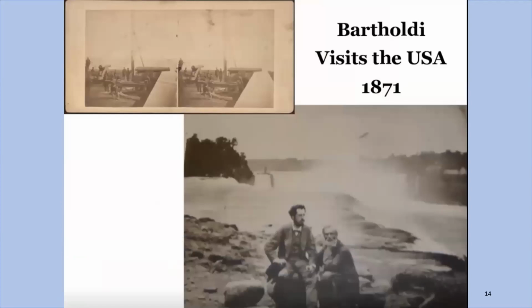Well, in 1871, Bartholdi came over to the United States to pay a visit. And he did this for a couple of reasons. First, he wanted to talk to the American government about where to put this big monument. You know, there was a lot of discussion over where should it go. Should it go in the middle of the United States? Should it go on a coast?